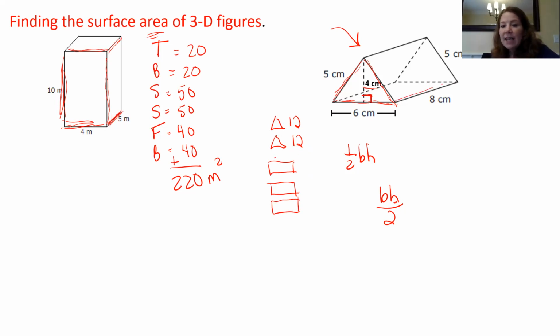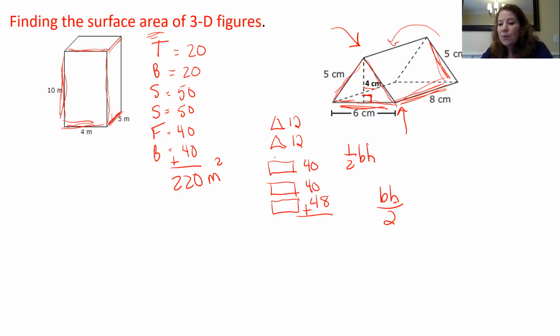So let's look at this side over here. We have an 8 by 5, and the back is also 8 by 5. So 2 of these are 40. But then on the bottom, we have an 8 by 6. 8 by 6 is 48. And we're done because the triangular prism only has 5 sides.